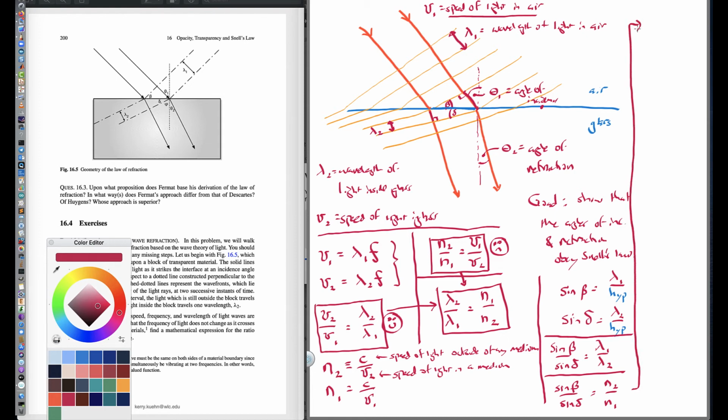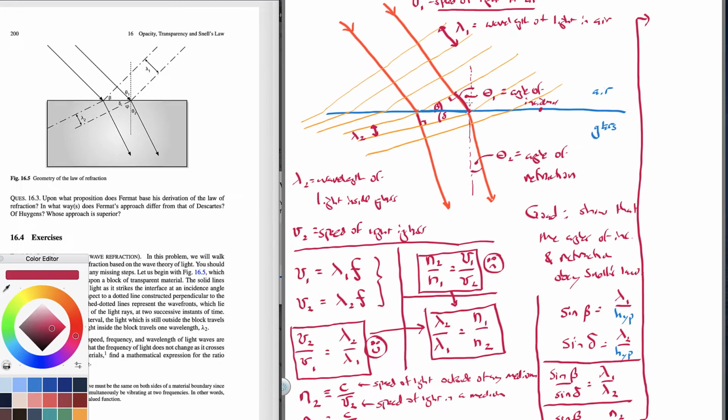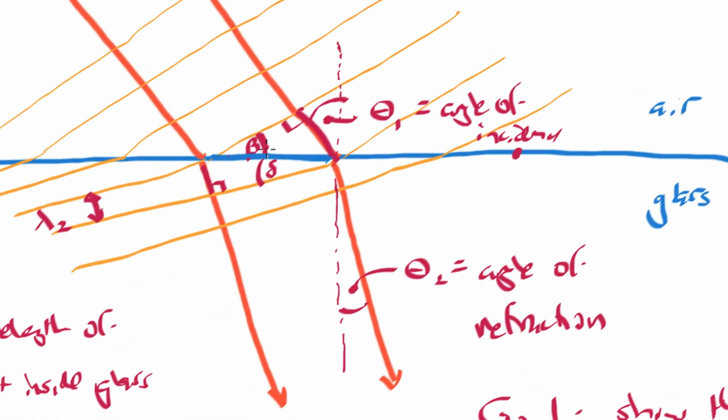Okay, we're almost where we want to go in deriving Snell's law. Now, I want you to notice one other thing: this angle beta is the same thing as theta 1, because this triangle right in here is similar to this triangle right here. So sine beta is the same as sine theta 1.